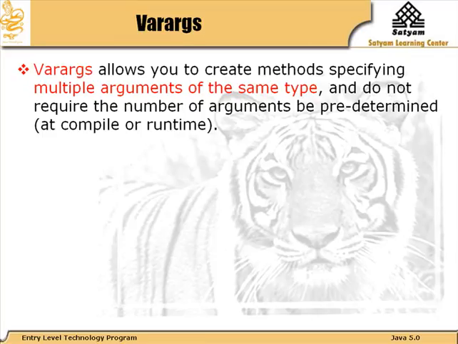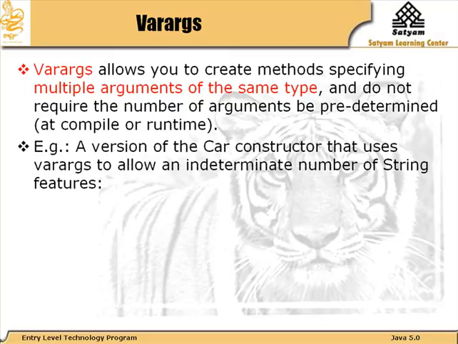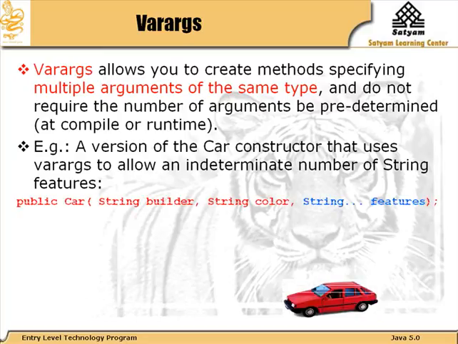Varargs allows you to create methods specifying multiple arguments of the same type and do not require the number of arguments to be predetermined, both at compile and runtime. Here I have an example of how to create a Varargs.